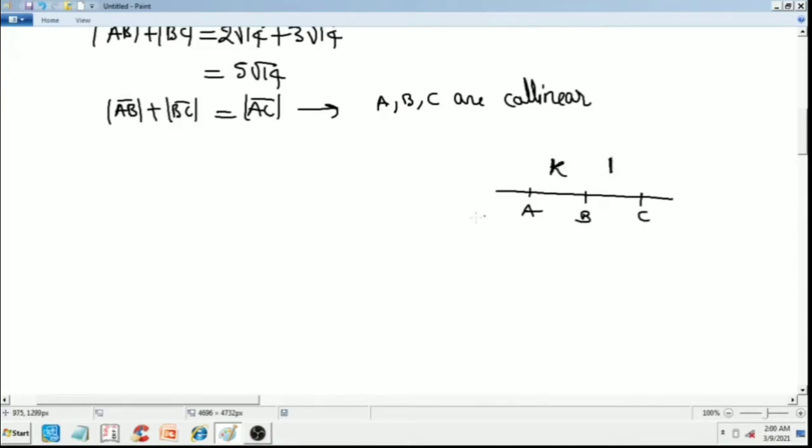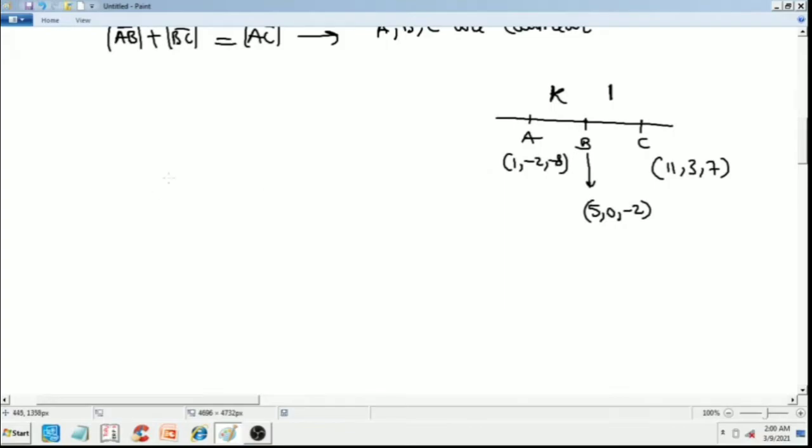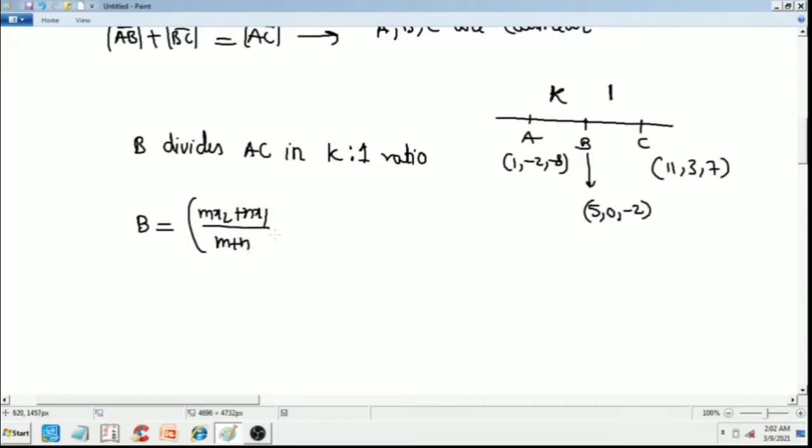So A point we know, B divides AC in k is to 1 ratio. Then we need to find that k is to 1 ratio. Here we have the formula: B is equal to (mx2 plus nx1) by (m plus n), comma (my2 plus ny1) by (m plus n), comma (mz2 plus nz1) by (m plus n).